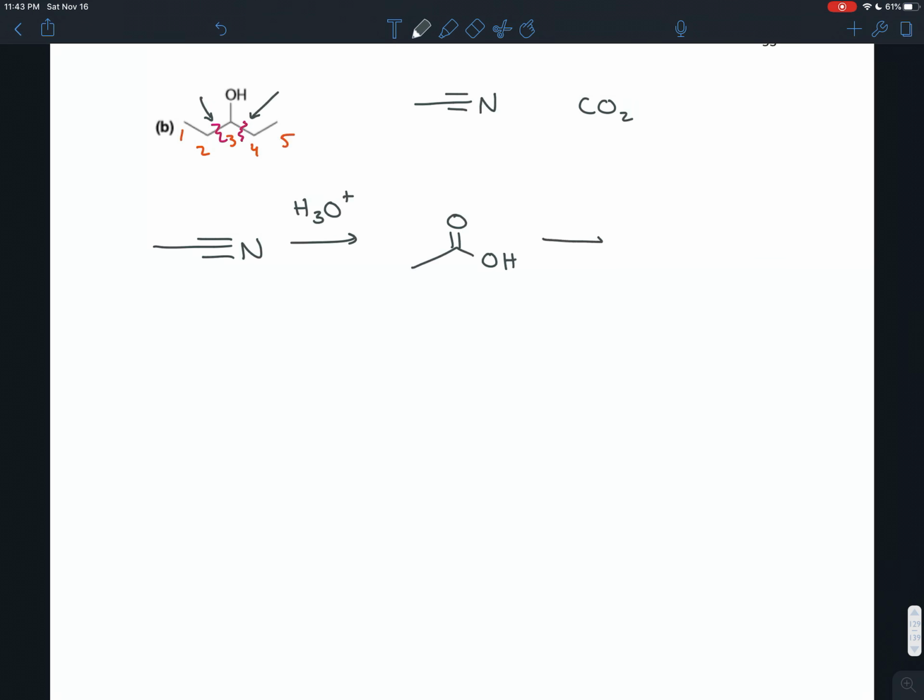Once we have the carboxylic acid, we can reduce it using excess lithium aluminum hydride. We're replacing the bonds to the oxygen here with bonds to hydrogens. So far this is exactly like the last one, just making the Grignard reagent. That gives us the alcohol. We can replace the OH on the alcohol with a bromine by using phosphorus tribromide. And then we just dunk some solid magnesium in there, and we have our Grignard reagent.